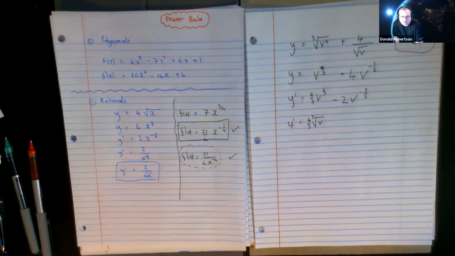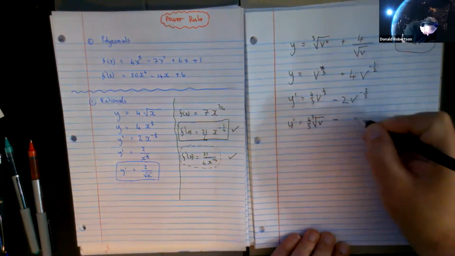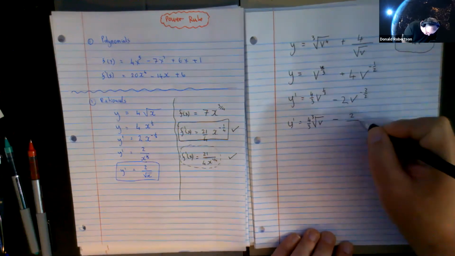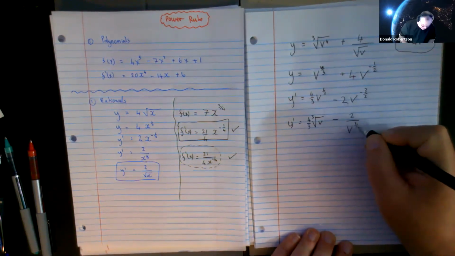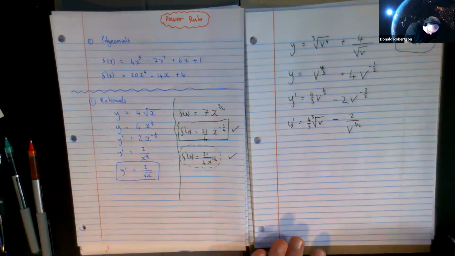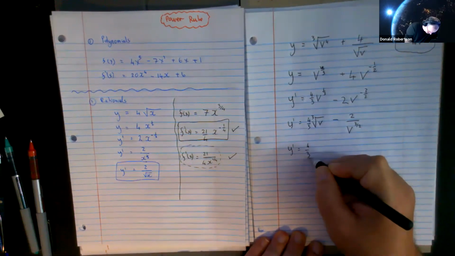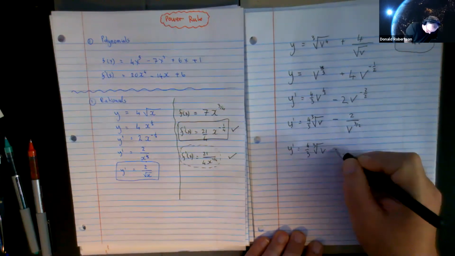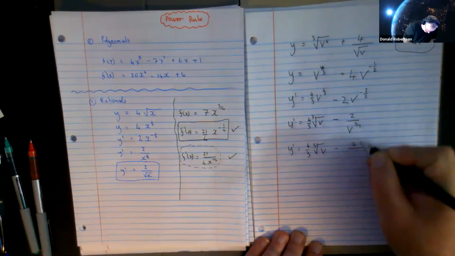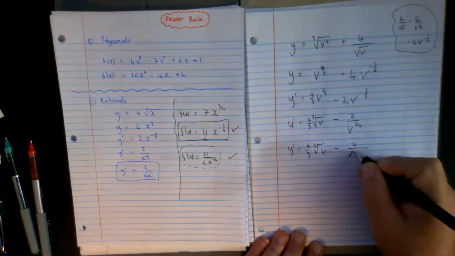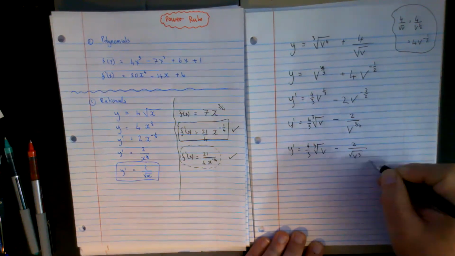V to the 1/3 is the cube root of v. This guy here is a kind of two-stage thing. That line just takes care of the fact that it used to be negative. And that fella is the square root of v cubed.